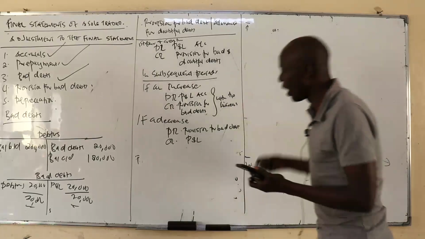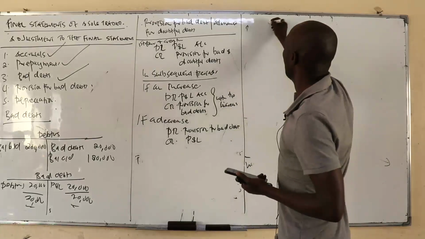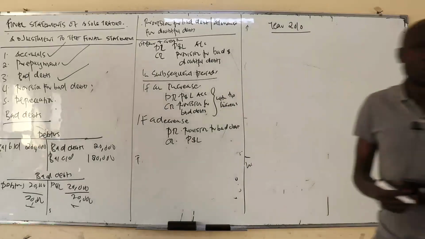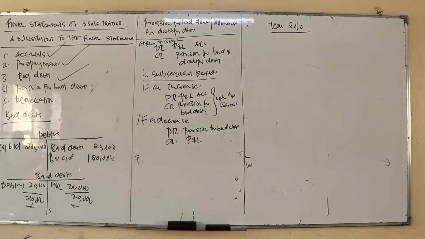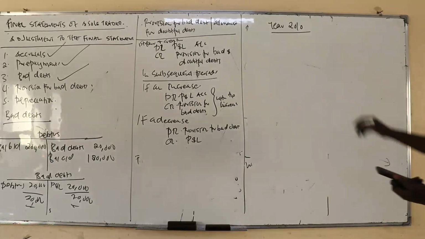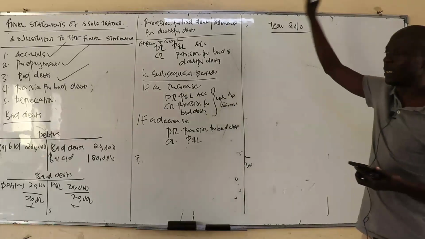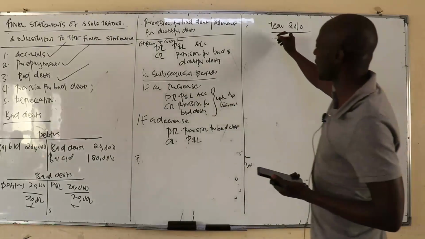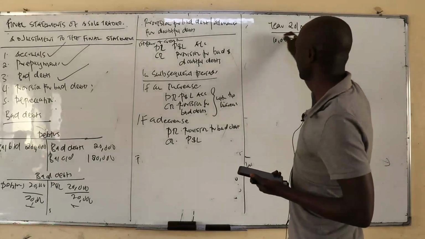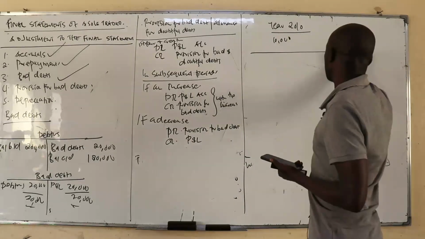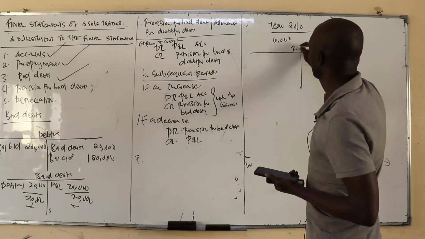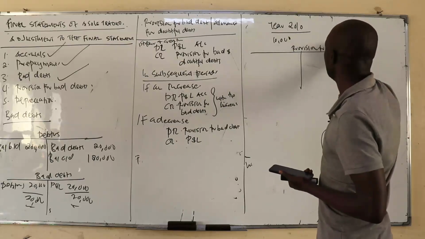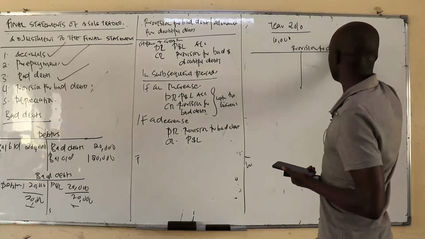So for example, you have year 2010. This is the first time you decide to create that account, provision for doubtful debts. And the amount that you're putting aside in that year is maybe 10,000. So you'll open an account called provision for doubtful debts.